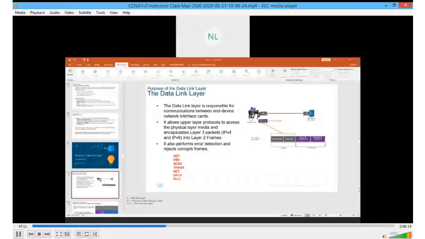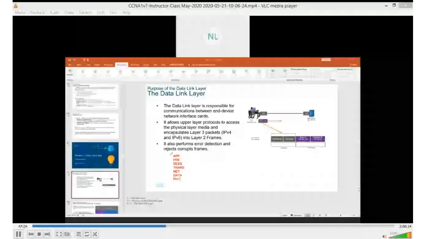But please take note. The information starts from application to presentation to session to transport to network to data link, then to physical, but it goes out to then go to the next device.